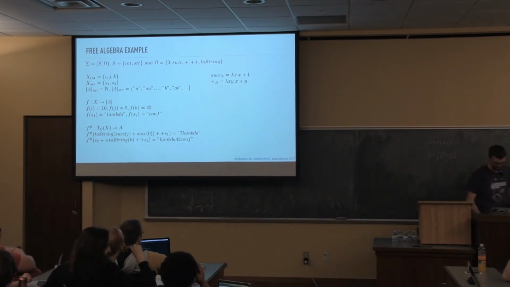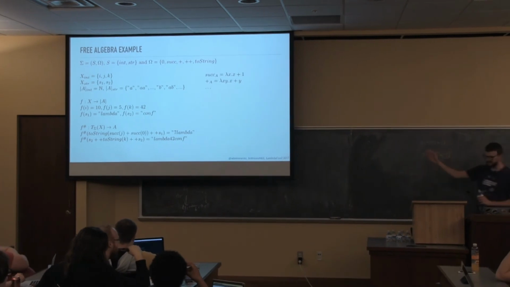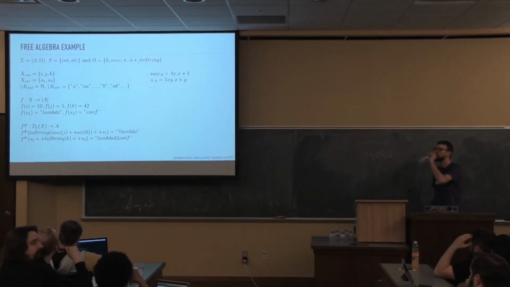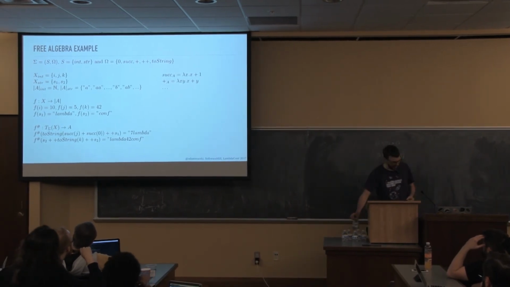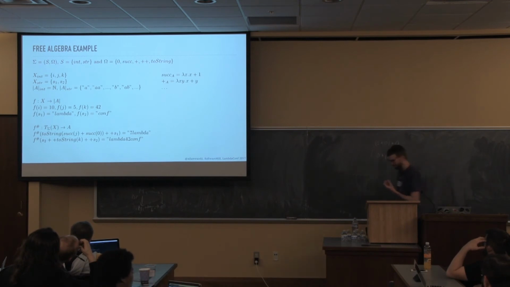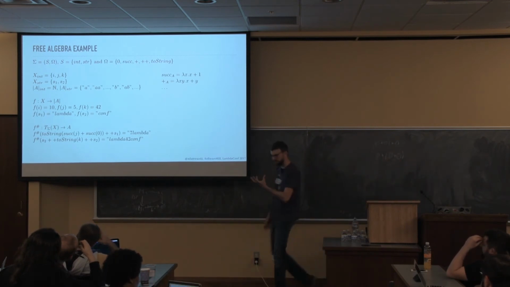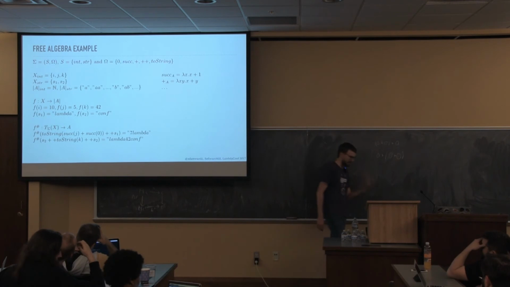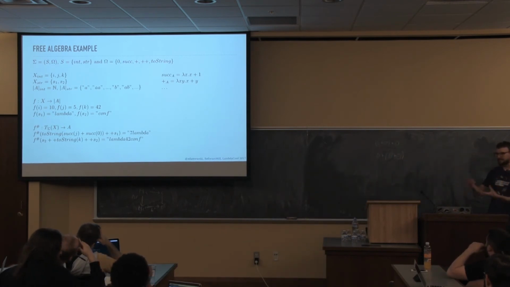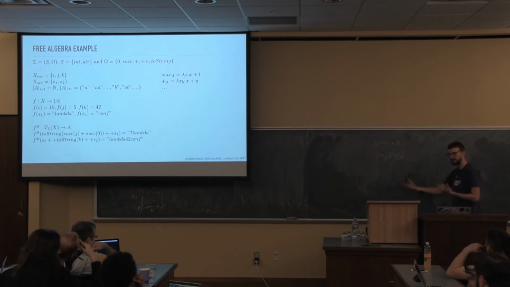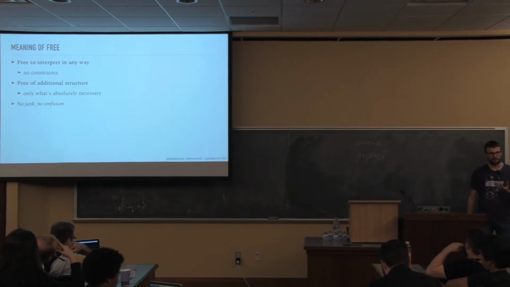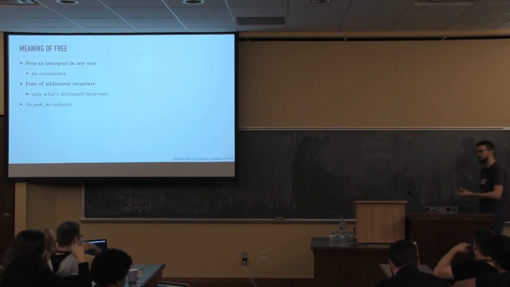Okay. So that's how the free algebra works. The free algebra being the term algebra is an algebra which doesn't provide any interpretation. Its elements can be interpreted in any way, and that's where the free comes from. The algebra is free from any interpretation.